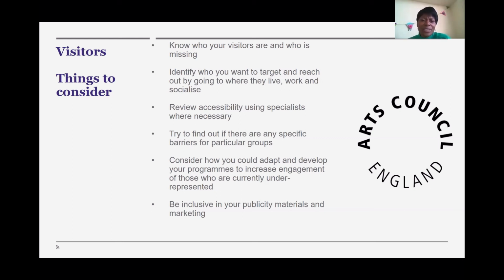And you can do this through surveys, as I say, by going out into the community. Considering how you would adapt and develop your programme to increase engagement of those who are currently underrepresented, and making sure that you liaise and consult with underrepresented groups in doing that. Be inclusive in your publicity materials and marketing so that they show that you want to be a diverse organisation.